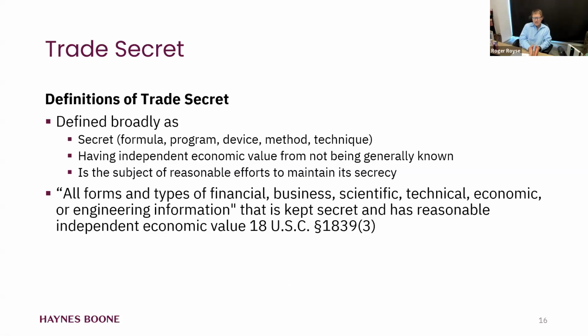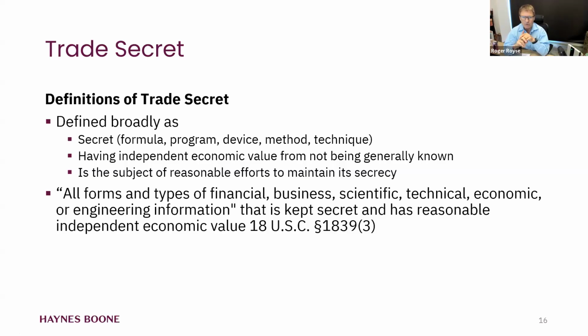Okay, now let's talk about trade secret. We've talked about this a couple times already because this is probably your most valuable asset. I said trademark is a valuable asset, but this is likely your most valuable asset. Let me give you the definition. First of all, it's any information that is, number one, secret. Once it's out there in the public, it can't be a trade secret because everybody knows about it.